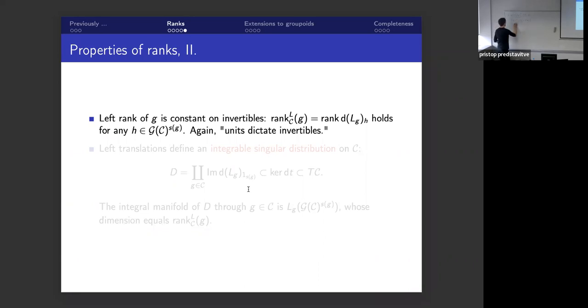Well, they're obvious when you think about it. The source of a pair just spits out the member of your category. The target just multiplies these two guys. The unit at c is going to be (1 at target of c, c). Not only do we have these three maps, we also have that this guy is a groupoid.